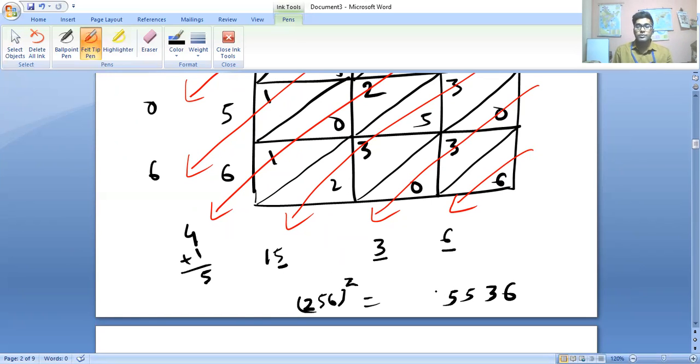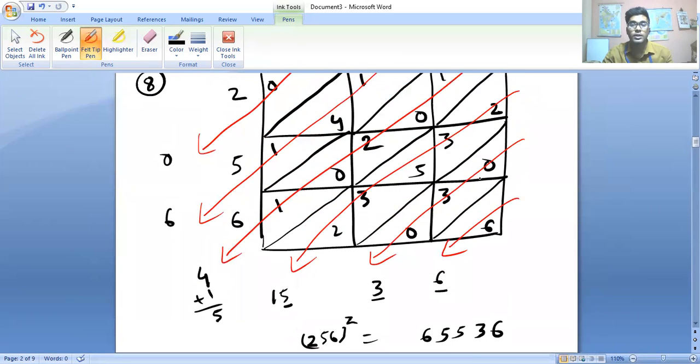And then we have 6, 5, 5, 3, 6. Okay, students, so that's our answer. That is how we solve using the diagonal method.